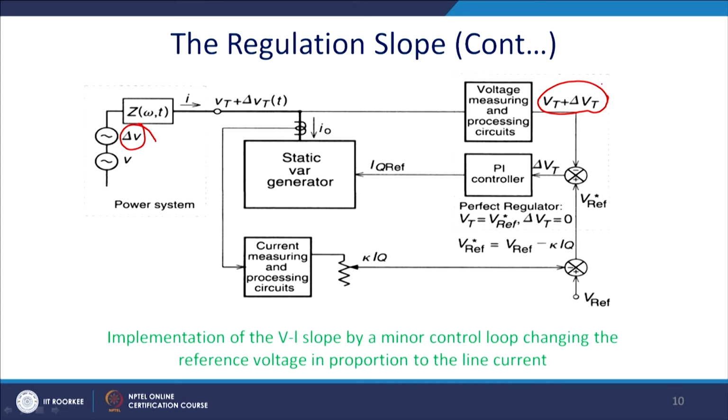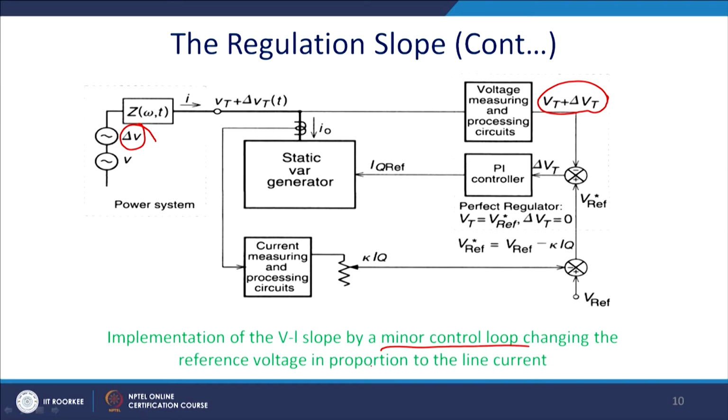So, the error del Vt will come and will give you the reference, and for a perfect regulator Vt equals Vref and del Vt equals 0. Generally Vref equals Vref minus k into IQ, where k is the gain of this proportional controller. Thus, it will ensure the sharing of this reactive power between all the elements.